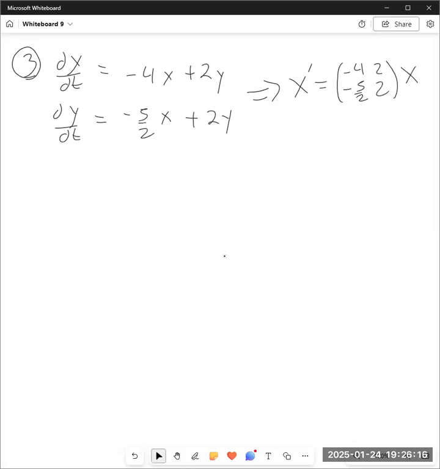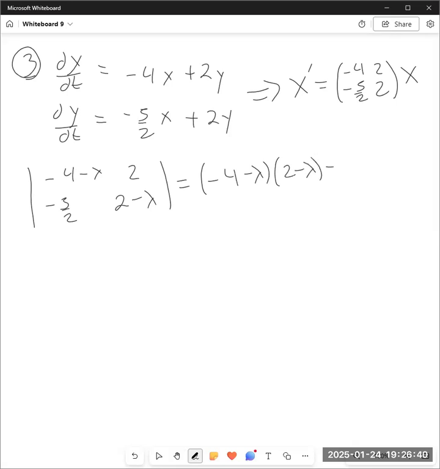So to set up my characteristic equation, I'm going to have negative 4 minus lambda, 2, negative 5 halves, 2 minus lambda is equal to negative 4 minus lambda times 2 minus lambda minus a negative 5 is going to be plus 5, and that equals 0.